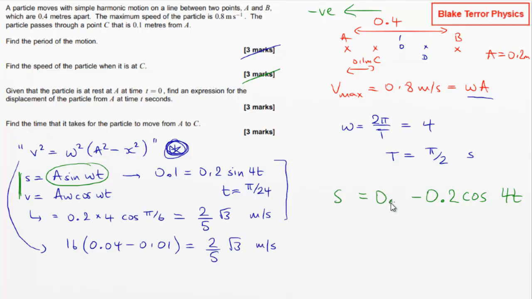So we add on 0.2 to all of that, and that starts us at A. Doing a quick sanity check, at time t equals 0, the displacement will be 0.2 minus 0.2, so we've got 0 displacement from A at that point. And once we've got out to the other side, we're going to get a maximum of 0.4, which is what we expect. So that's looking fairly sane.